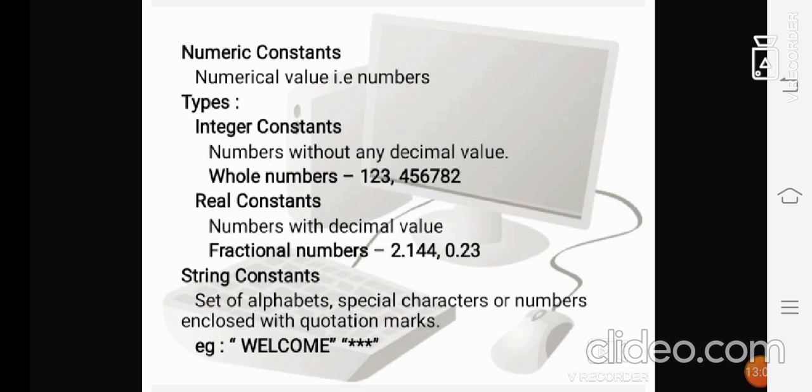For integer it is whole numbers, but for real it is fractional numbers. String constants are a set of alphabets, special characters or numbers enclosed in quotation marks, for example, "welcome". You need to use quotation marks on both sides.